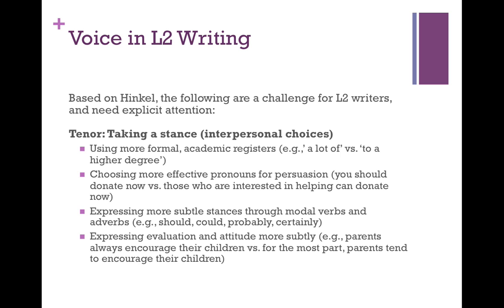One thing is using more formal academic registers, so a lot of versus to a higher degree, for example. Choosing more effective pronouns for persuasion. So, for example, saying, you should donate now versus those who are interested in helping can donate now, which, the second one is more academic.